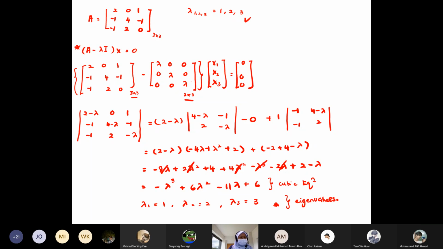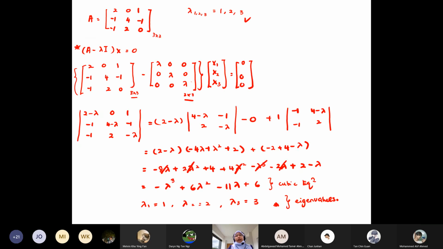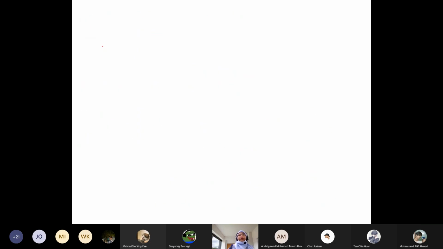You are asked to find the corresponding eigenvector. Previously I said when you have 2 eigenvalues, you also have 2 eigenvectors. In our case, you have 3 eigenvalues, which means you also have 3 eigenvectors. So let's do it one by one.